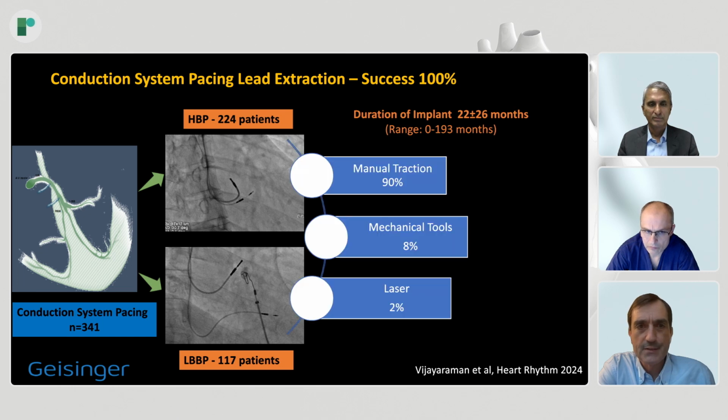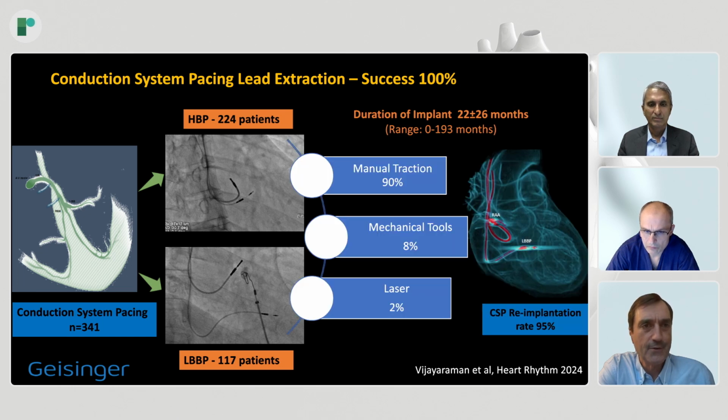Yeah, so fortunately, the need for lead extraction with left bundle branch area pacing is really low in my experience. So the number of cases is low, and the lead dwell time has been small so far. The older leads that we have extracted from the left bundle branch area have been 2 or 3 years old, up to 3 years.